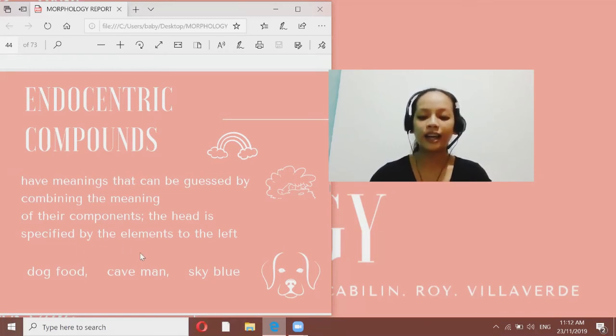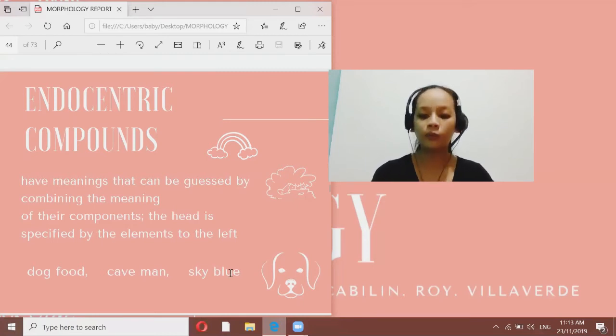In endocentric compounds, we have what we call a head word that carries the meaning of the compound word, just like the example, dog food. As the name suggests, we can identify that we are talking about food for dogs. And then caveman, a man who lives in a cave. And then sky blue. The color blue is similar to the color of the sky.